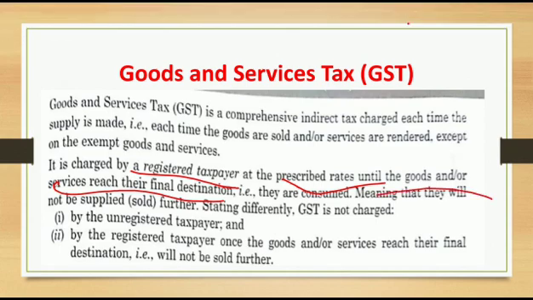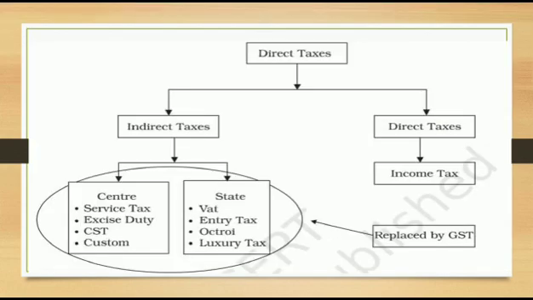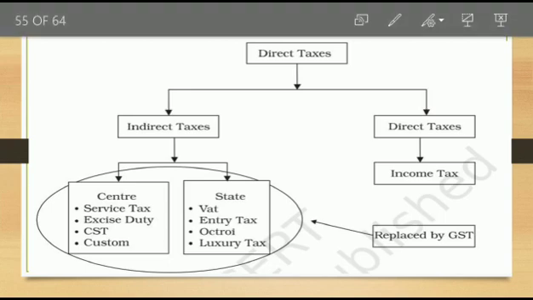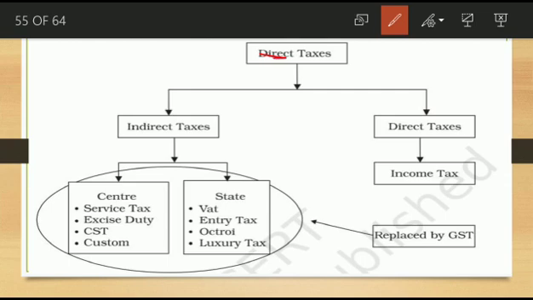Now the next one, taxes. Taxes are of two types, direct taxes and indirect taxes. Before introducing GST, indirect taxes included service tax, excise duty, CST, customs duty, VAT, entry tax, octroi, luxury tax.